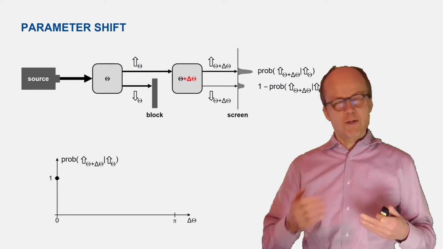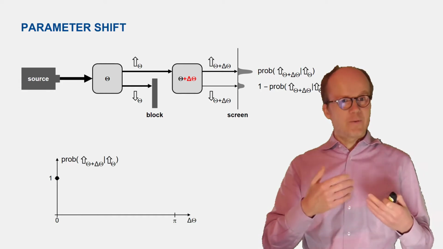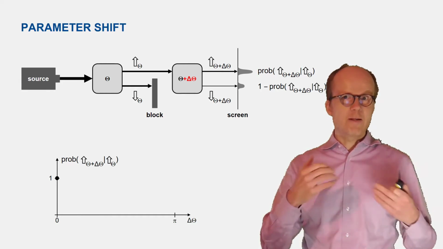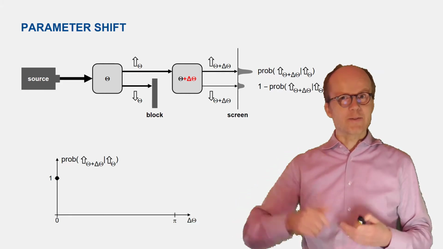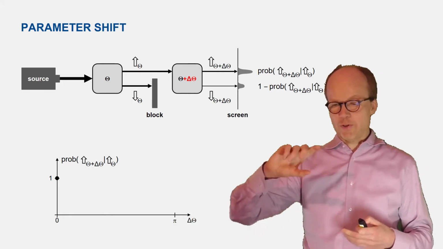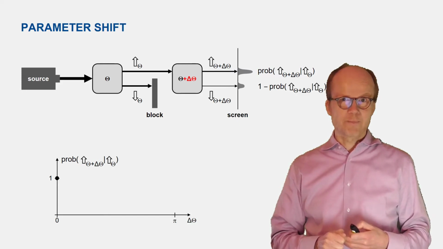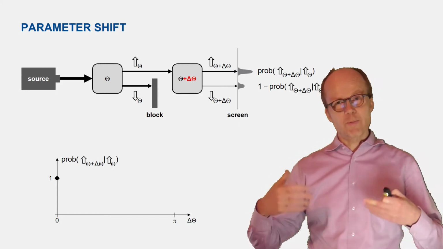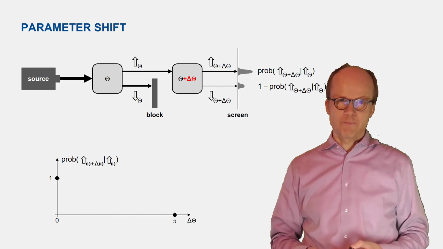So for sure, if a silver atom exits the first device in the upper beam, then it will exit the second device, which is upside down, in the lower beam. So the probability that it will be again in the upper beam will be 0.